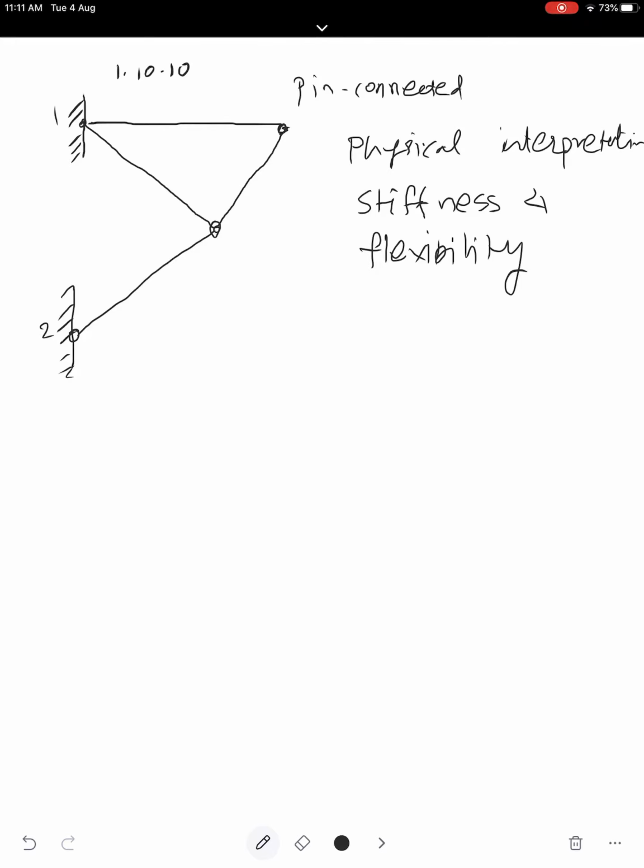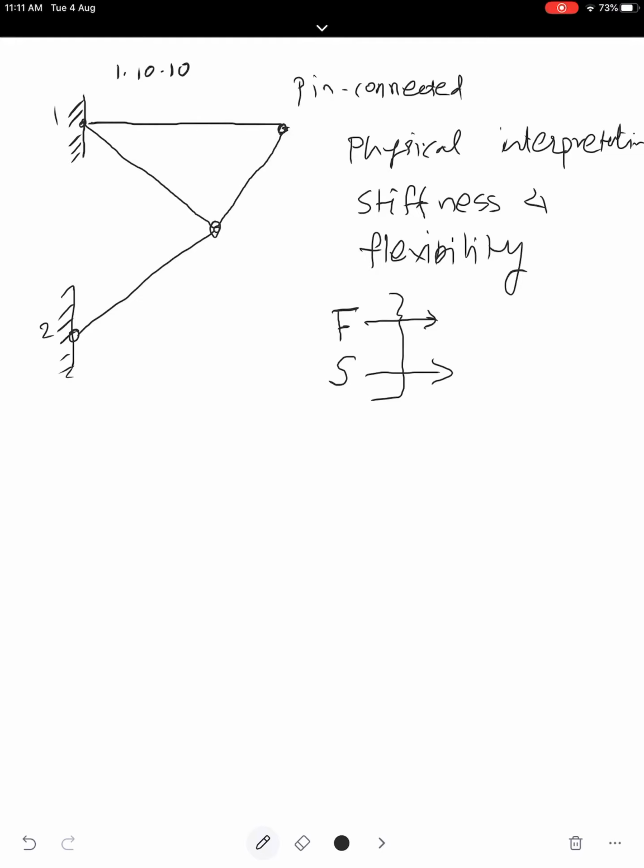The flexibility and stiffness coefficients, all of you know, we have named the flexibility coefficient F and the stiffness coefficient S. But it all depends on how many kinematic degrees of indeterminacy, in the stiffness case, and how many static degrees of indeterminacy in the flexibility case.